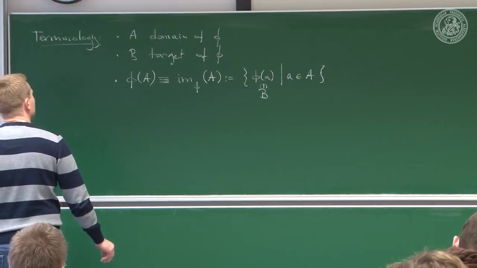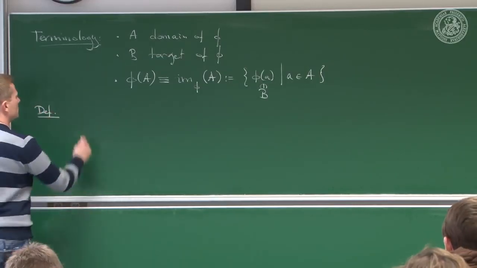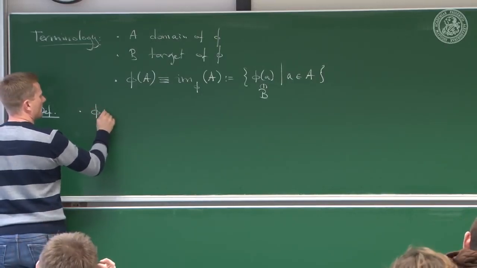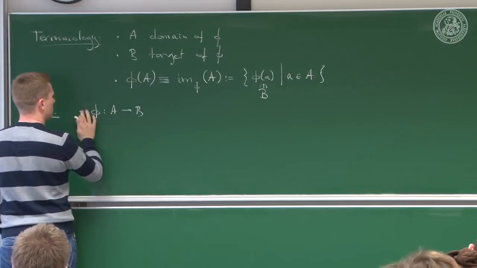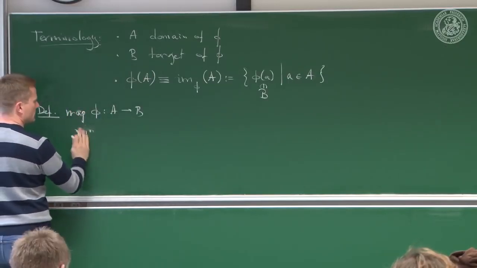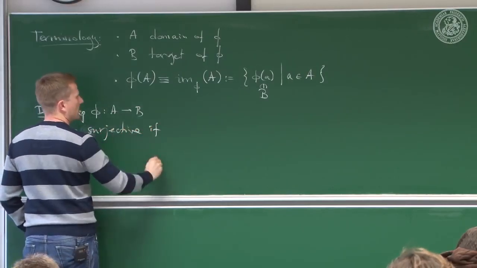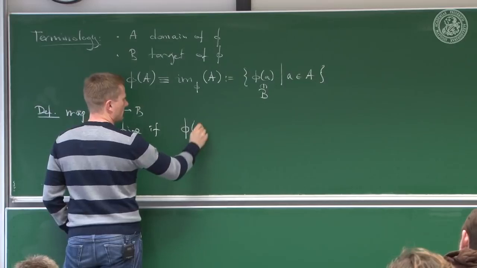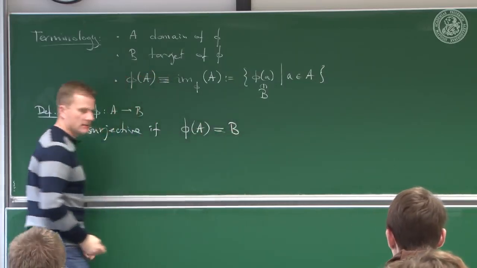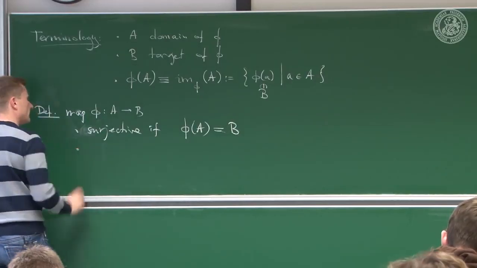This is the image, and then we have further definitions, also well known to you. A map phi from A to B is surjective if its image phi of A coincides with the target. So if every point in the target is hit by the map.